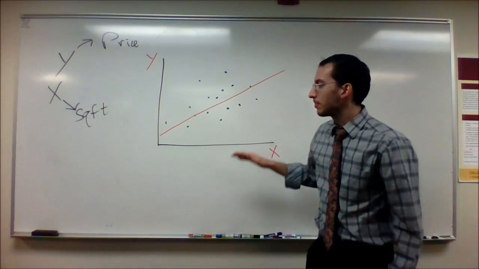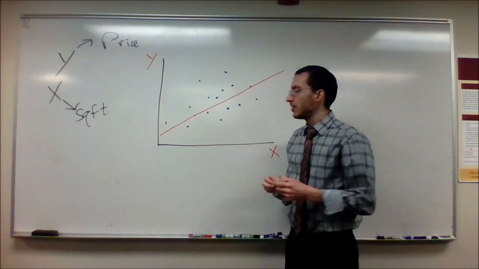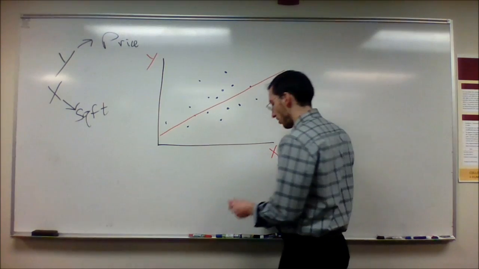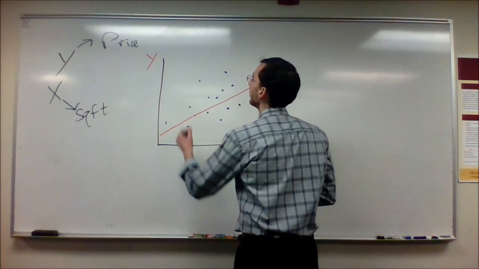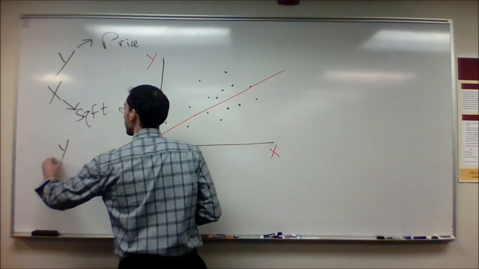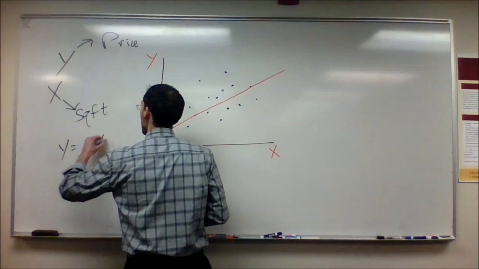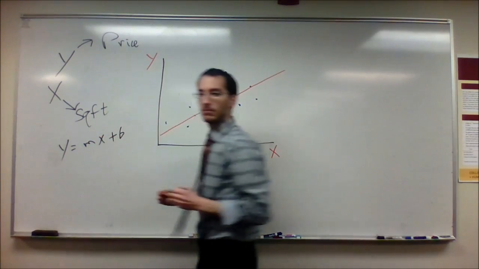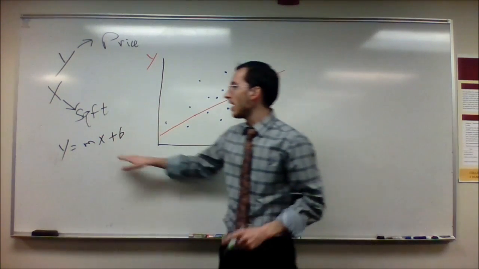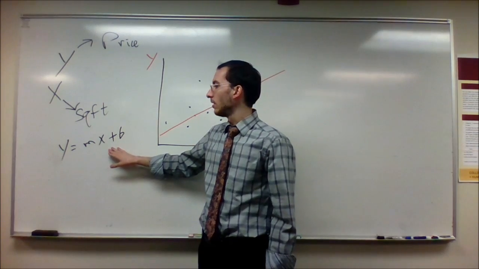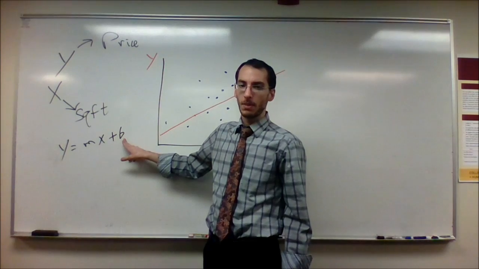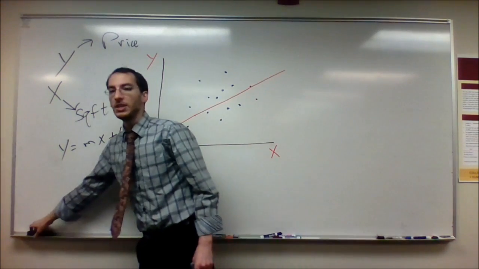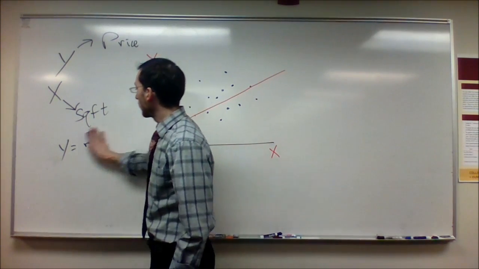A line is represented by, maybe you recall the idea of y equals mx plus b. Maybe you recall that from your general algebra, where m was the slope and b was the intercept. That's the convention we're going to be using, but we're going to write it a different way.